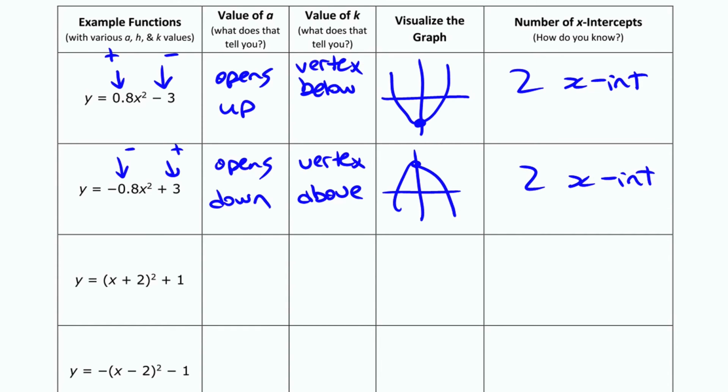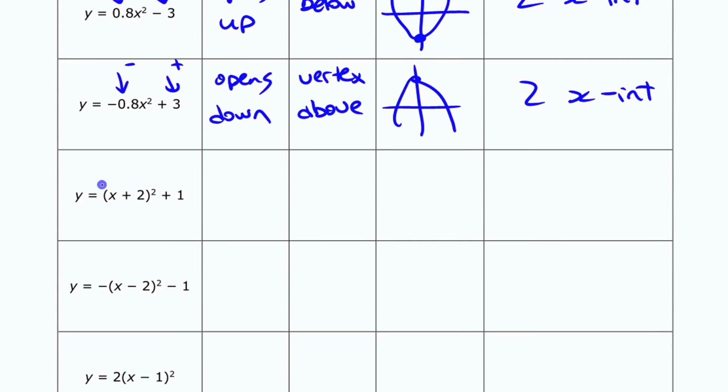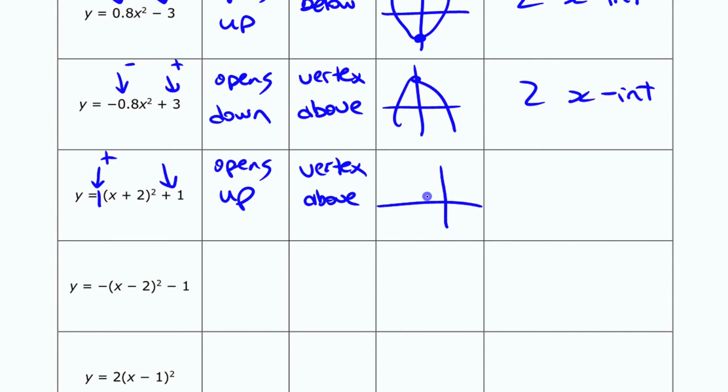All right, moving on here. In this situation, the a value isn't written there, but it's a 1. It is a positive number. It opens up. The k value is that number outside. The k value is positive, so the vertex is above here. If you're trying to think about what the graph looks like, something like this, and it opens up from there, it actually has no x-intercepts.